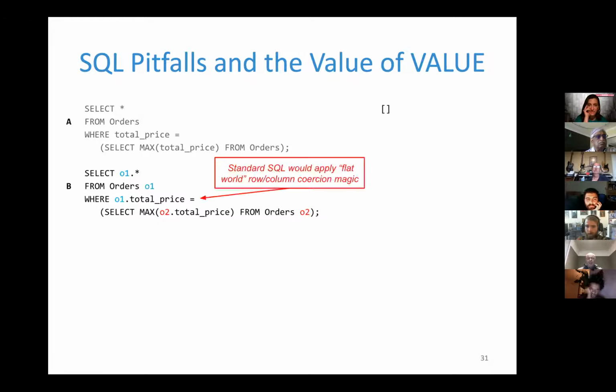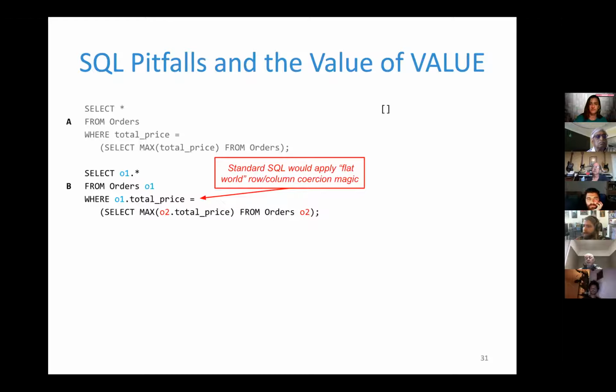The problem here is that in the where clause, we're comparing the total price, which is a number, with the result of this subquery, select max of O2.total price from orders O2.